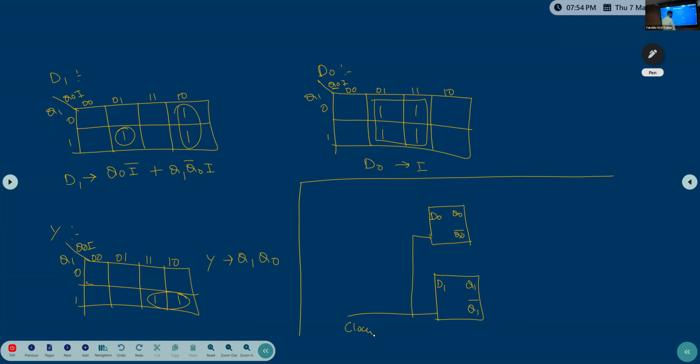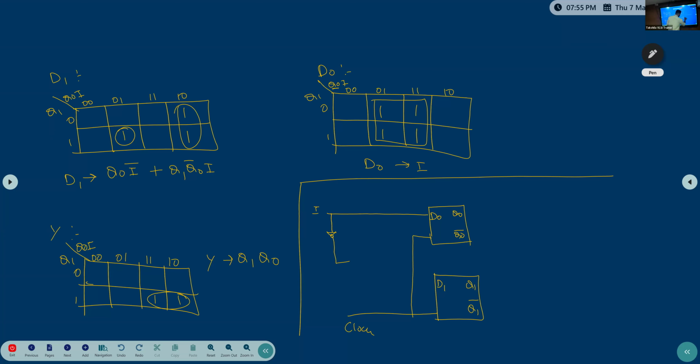So now D1 is Q0 I bar plus Q1 Q0 bar plus Q1 I. First, let's connect D0 directly. D0, it is I, right? After this, I need to get I bar.